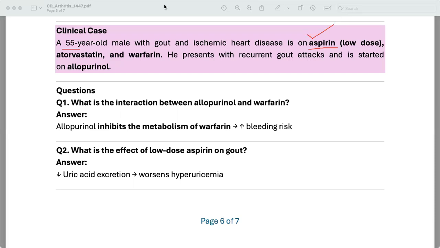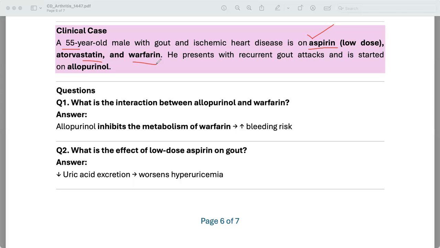Aspirin, atorvastatin, a statin, and warfarin. Atorvastatin and rosuvastatin, these derivatives of the statins, are used in the management of the lipid profile.